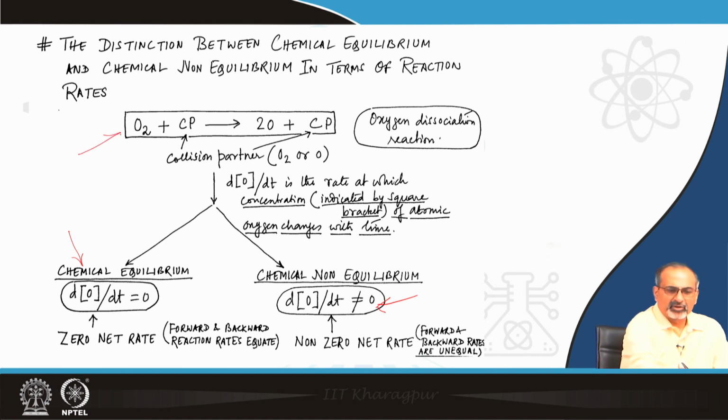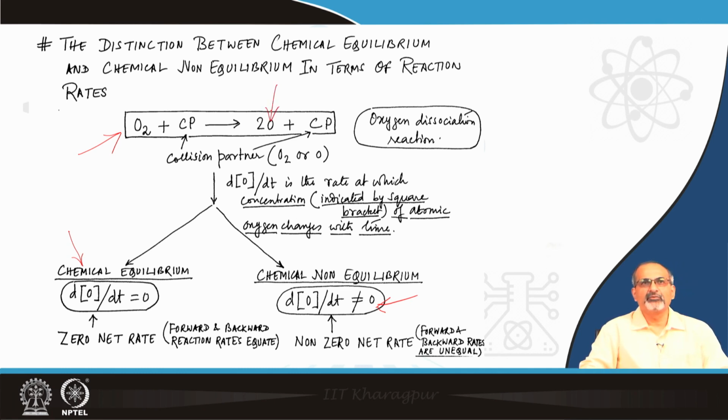And we are talking about a reaction where oxygen is dissociating. There is a collision partner which is involved, which could be molecular oxygen or atomic oxygen or molecular nitrogen and so on. Finally, we find that the collision partner remains unaffected while the molecular oxygen dissociates.